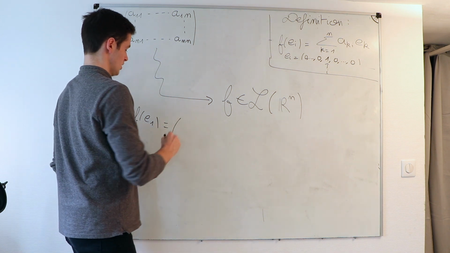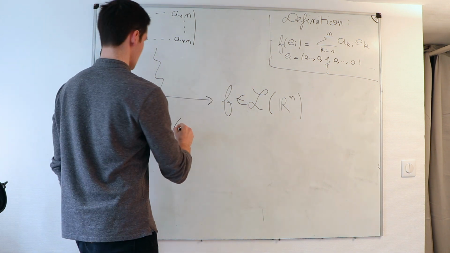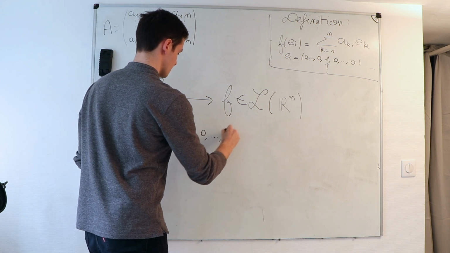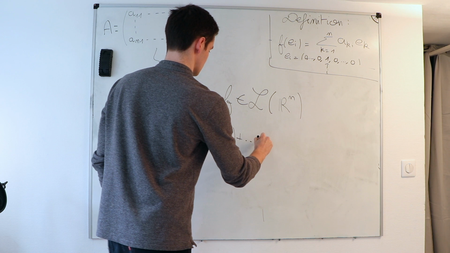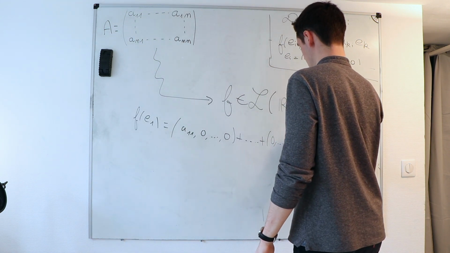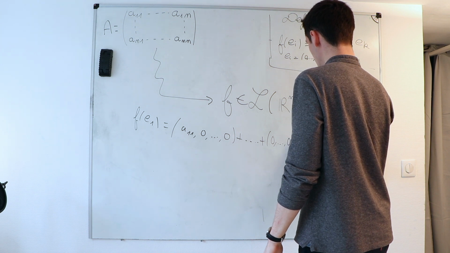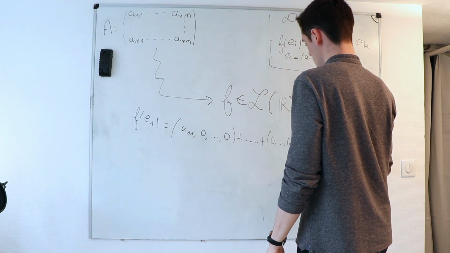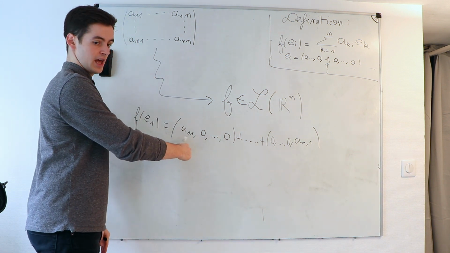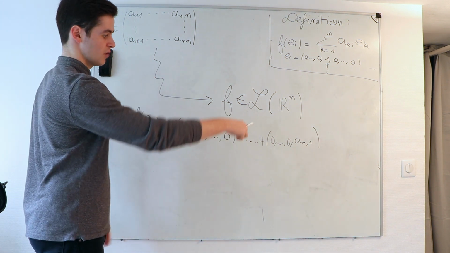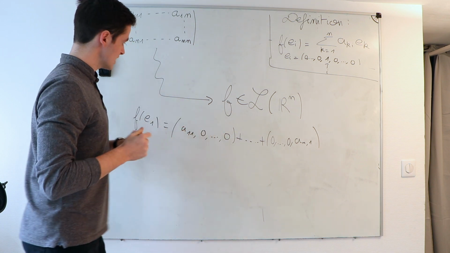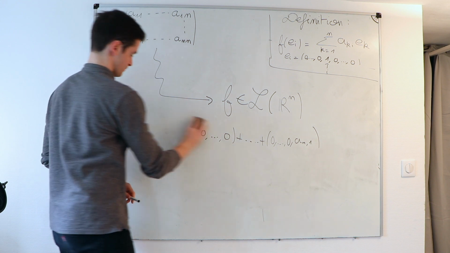So it must be A11, 0, 0, 0, plus etc., plus 0, 0, 0, An1, which is the vector A11 up until An1 if we sum up all the terms here. So that's how it is defined.